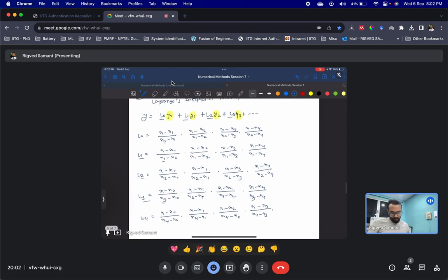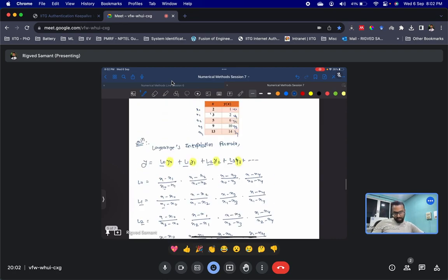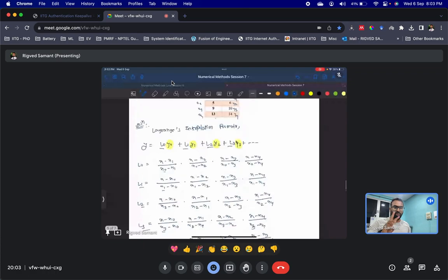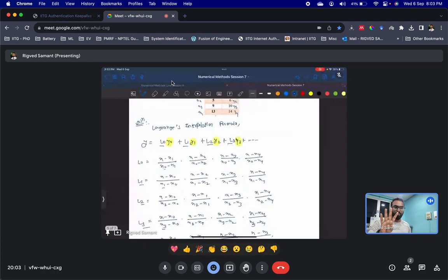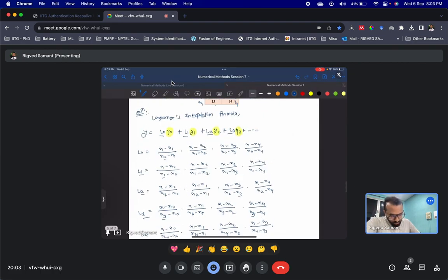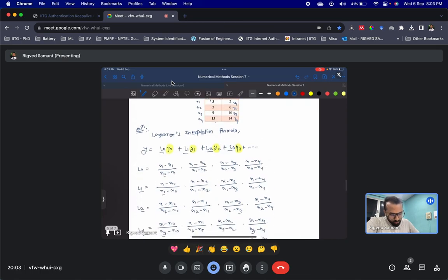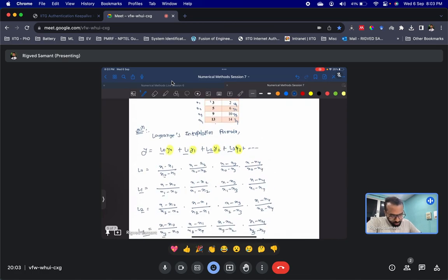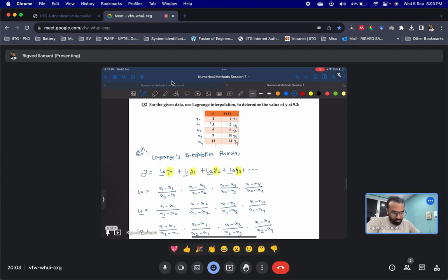Basically, for a data set having 5 data points, we go for an interpolating function of order 4. So this is how you go about it. Here we want to find L0, L1, L2, L3, L4 using these formulas.